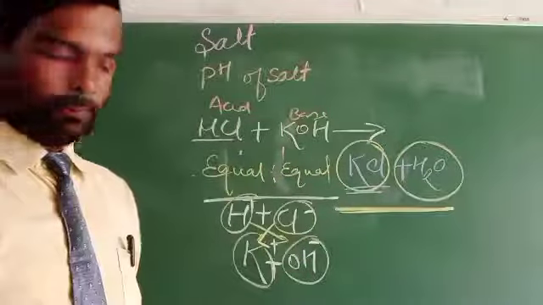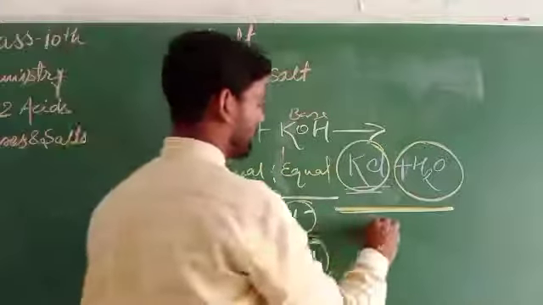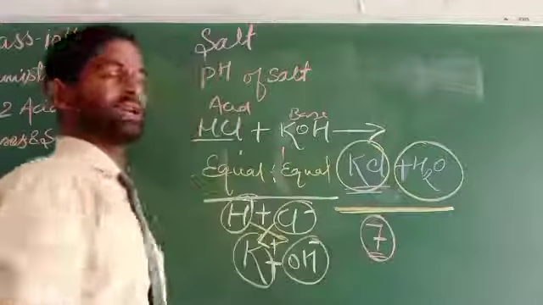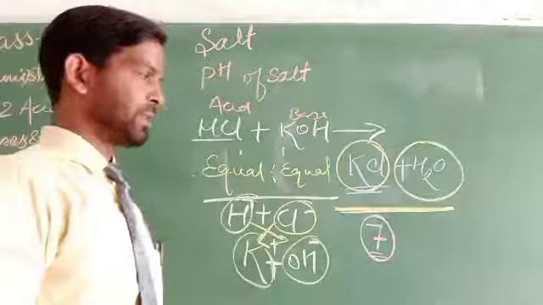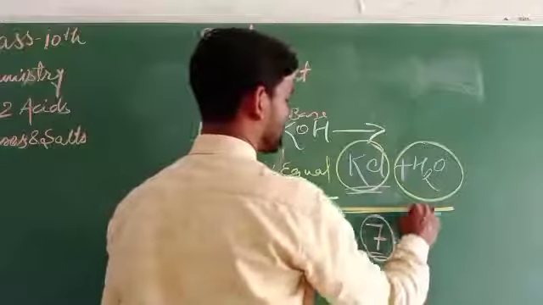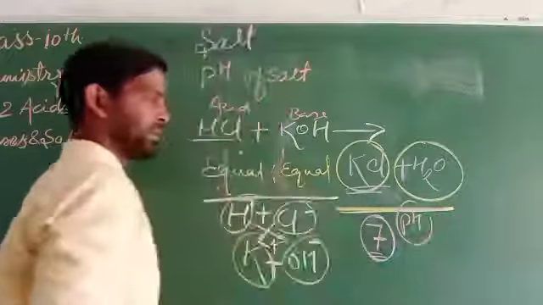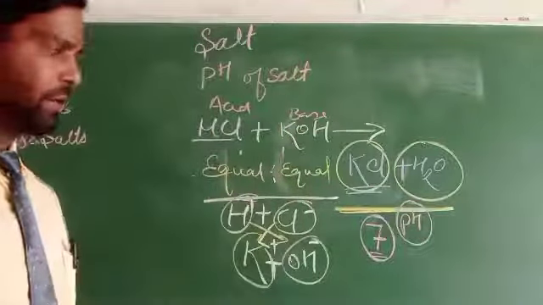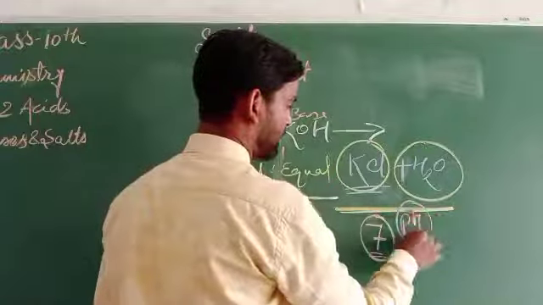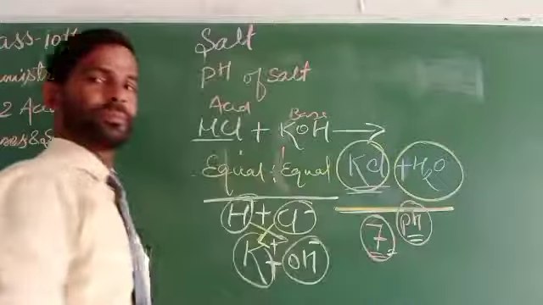So the pH of the salt will be 7. At 7, it is neutral. So if the pH value is 7, the substance is considered a salt.